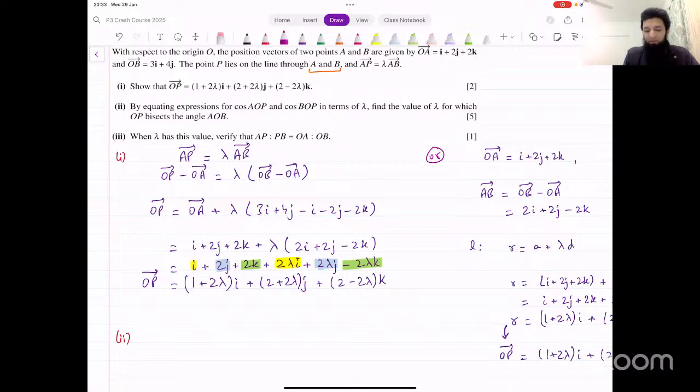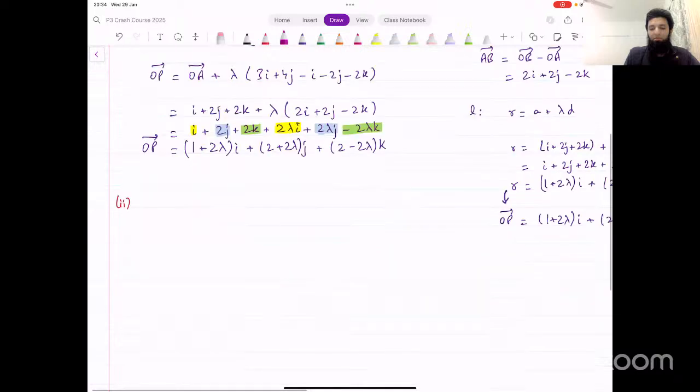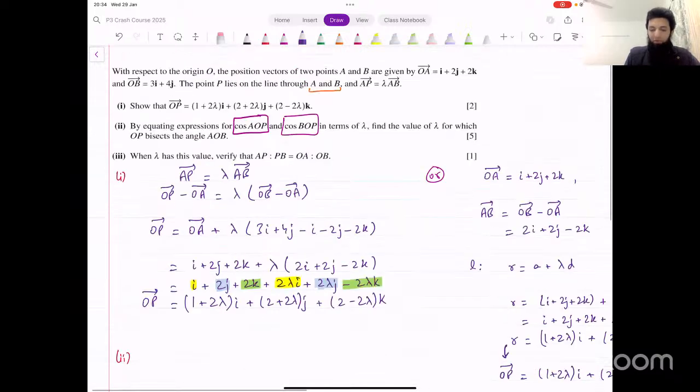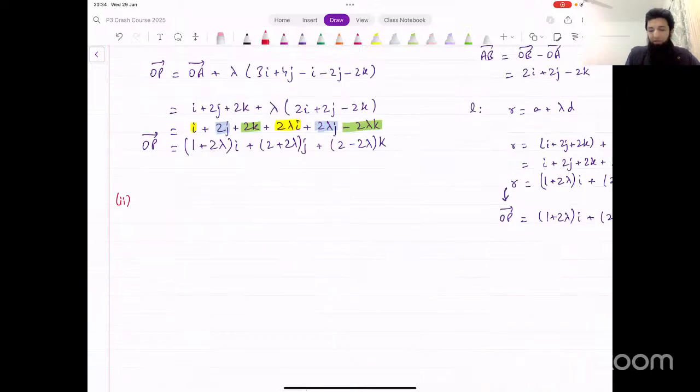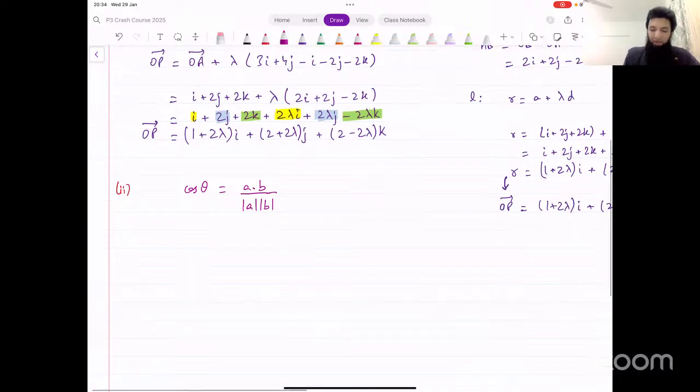They're saying find cos of AOP and cos of BOP. Let's do that. Now, what's the formula that we have for angles in vectors? There's only one formula. Cos theta equals A dot B divided by modulus of A into modulus of B. Right? That's the only formula that we have for angles in vectors.